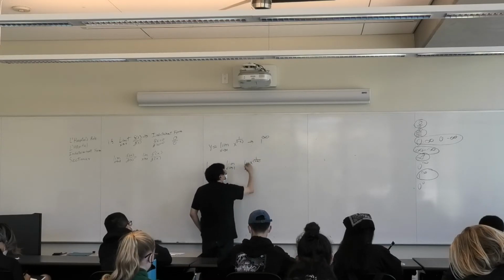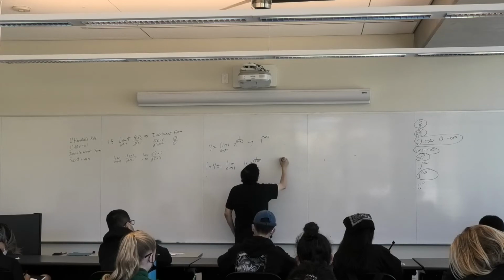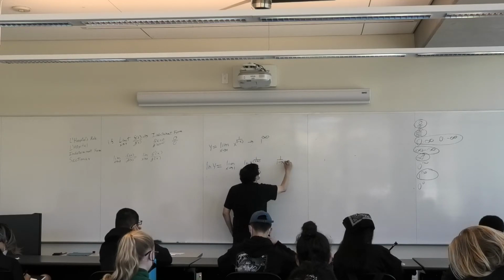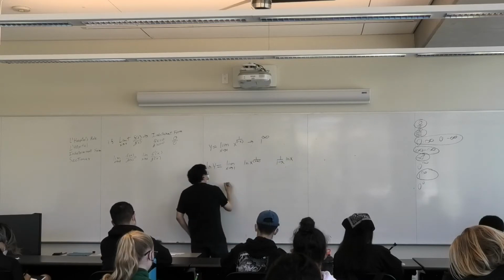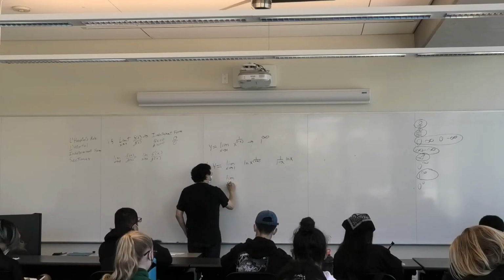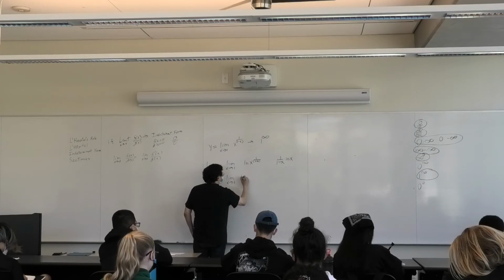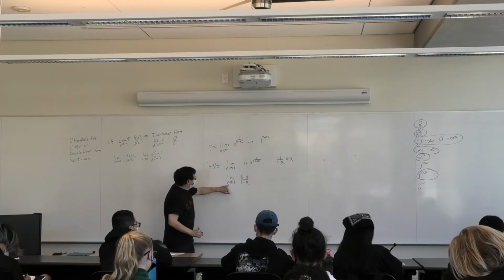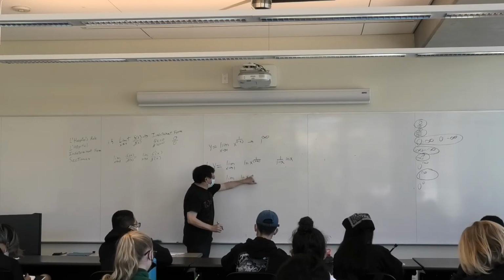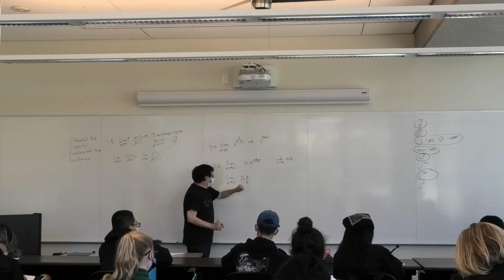Okay, that lets us move the exponent over. Now let's take a look at this. As x goes to 1, the log goes to 0, and 1 minus x goes to 0.